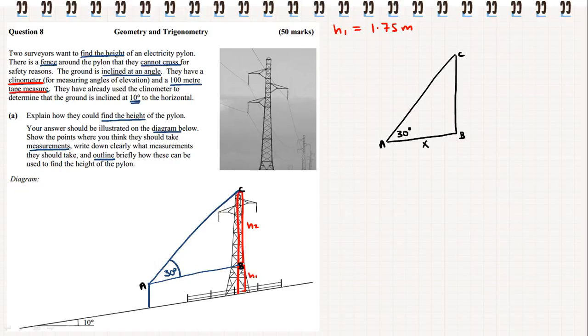We're looking for the distance CB. That's our H2. In order to find that, we're going to need to find the distance AC, because we cannot find the distance AB. So if we have AC, then we can use sine rule to find CB.